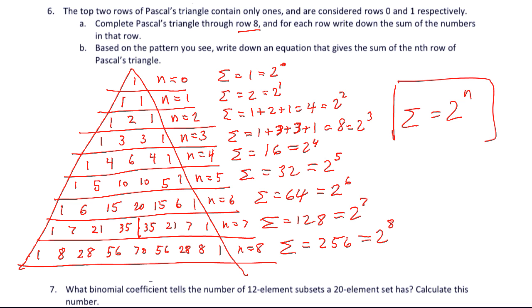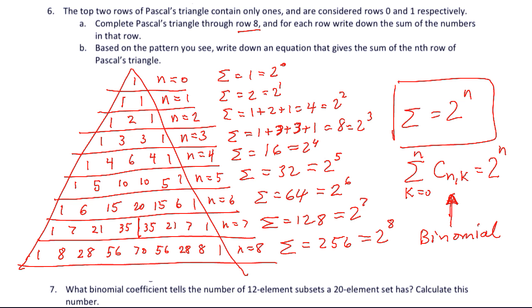And we know that the summation of the C(n,k) from k equals 0 to n is equal to 2 to the n, in other words, where the elements of Pascal's triangle are these C(n,k) values, and they are called the binomial coefficients. Okay, that's problem 6.